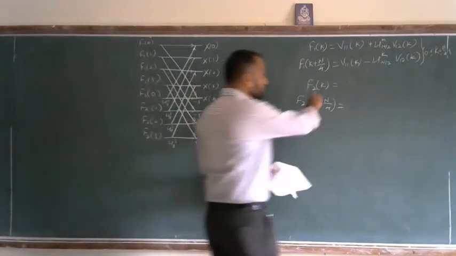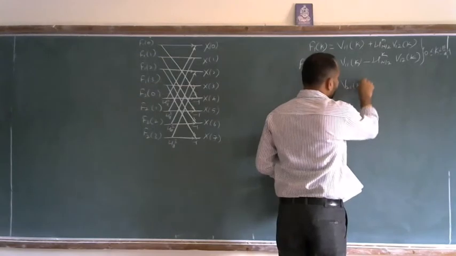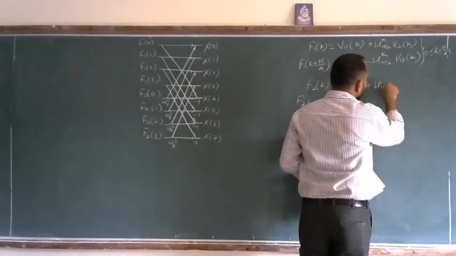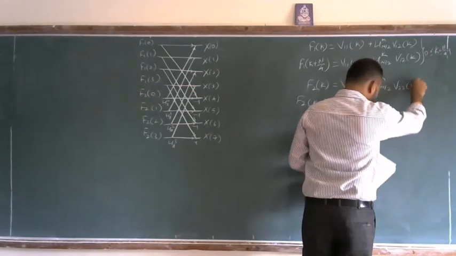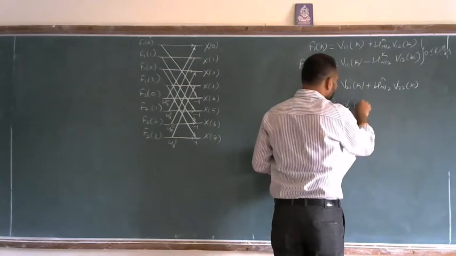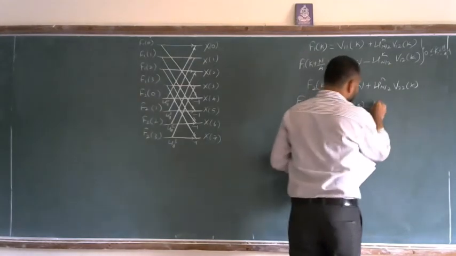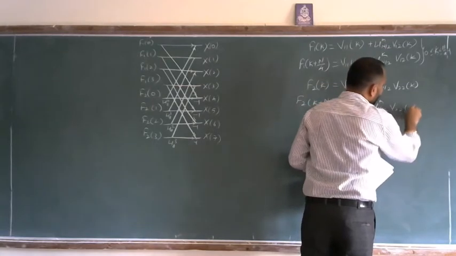And the next two, f2 of k, will be given by v21 of k plus w n by 2 to the power of k v22 of k and v21 of k minus w n by 2 to the power of k v22 of k.